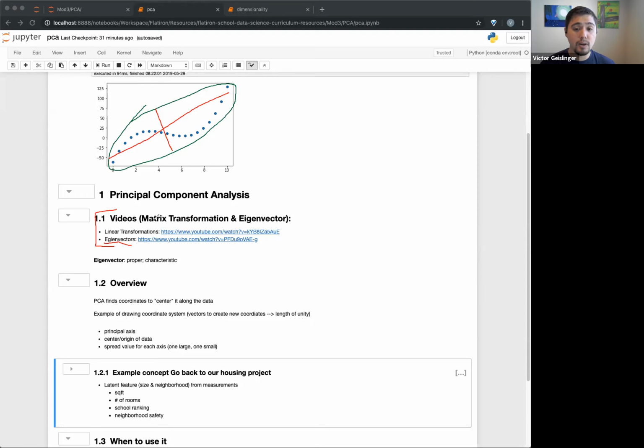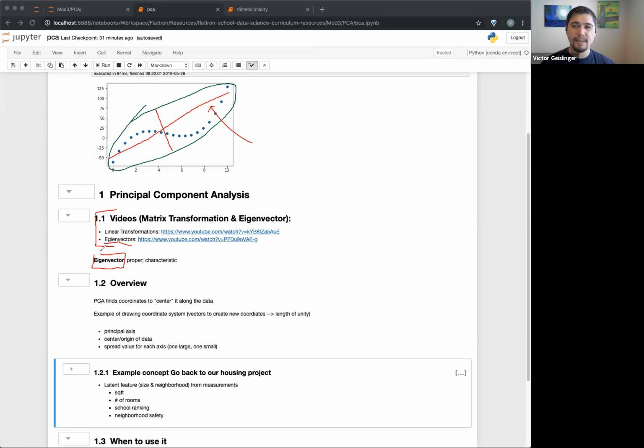And just know that these axes, these components, are something called eigenvectors. I'm trying to give you all the terminology the way it's talked about. These eigenvectors are basically a special kind of vector. And eigen, if you know your German, basically means proper, the characteristic, the true thing.